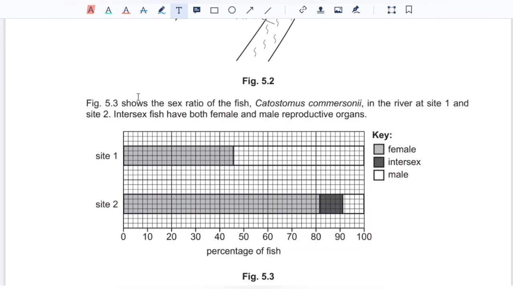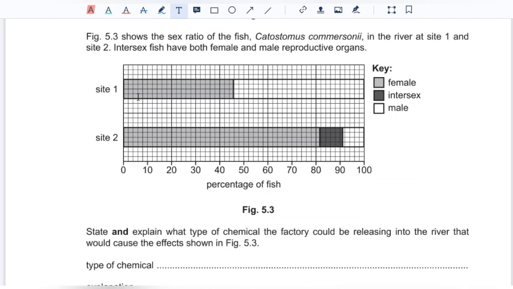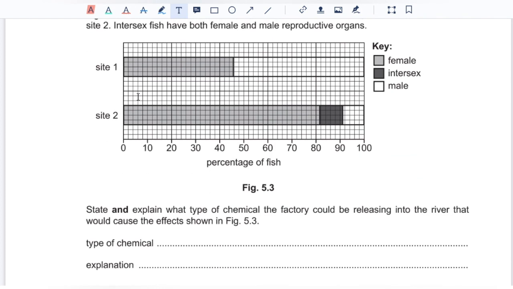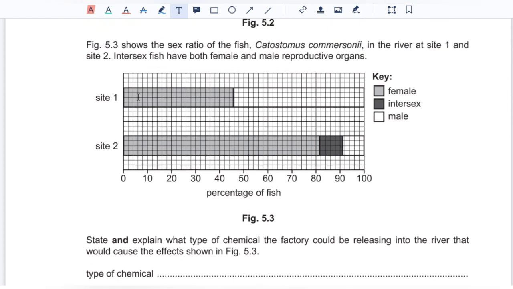Intersex fish have both female and male reproductive organs. State and explain what type of chemical the factory could be releasing into the river that would cause the effects shown in figure 5.3.